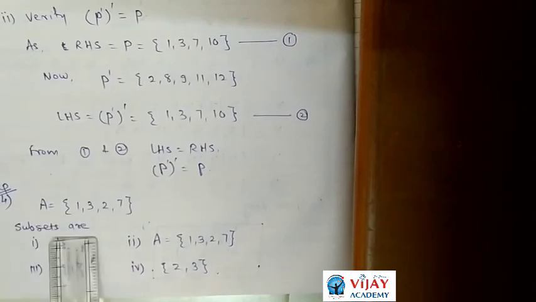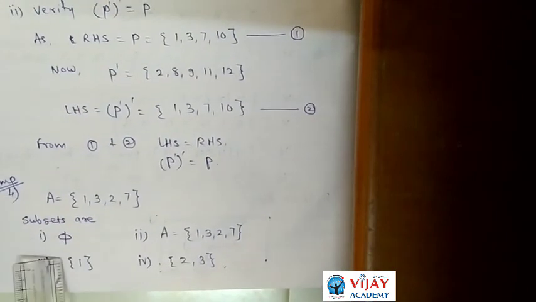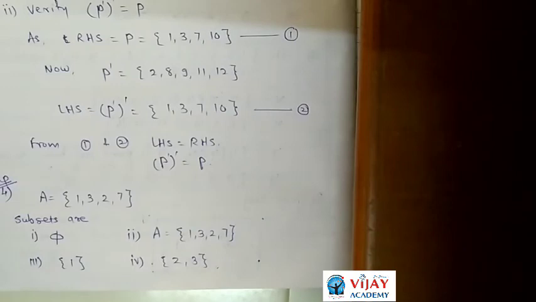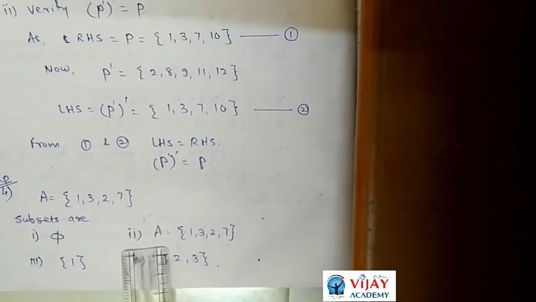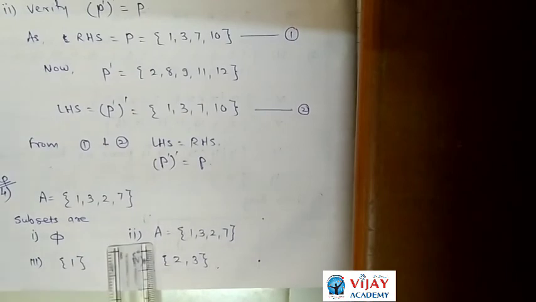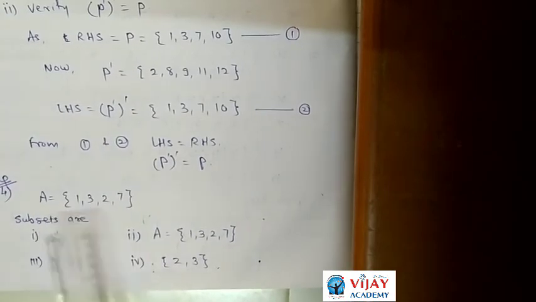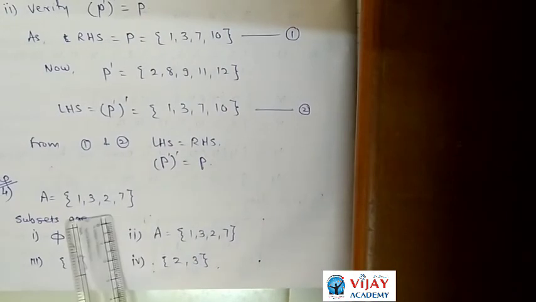Subsets are, first one is phi. You know that the empty set is a subset of every set. Second one, set A is also a subset of itself. So there are 2 permanent rules: phi is a subset of every set, and every set is a subset of itself.